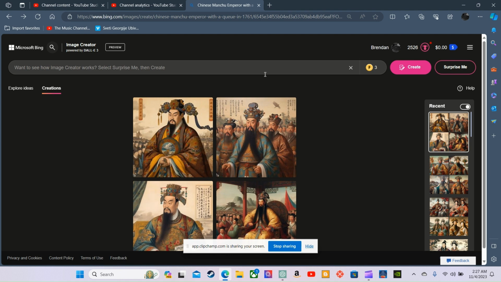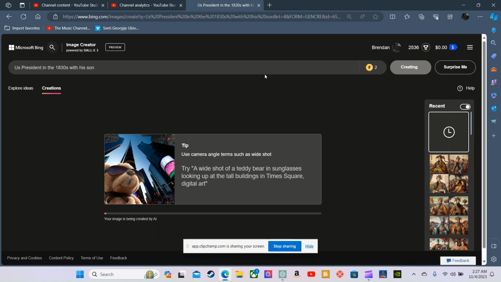It may be because Asian images on the internet are not as prevalent. Because if I say US president in the 1830s with his son, we're going to get more accurate images.